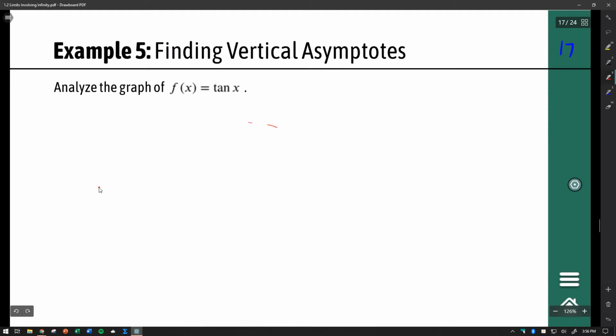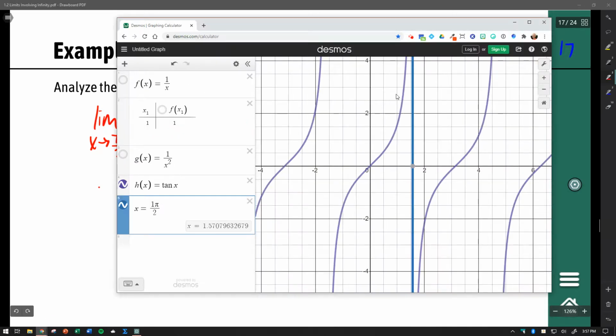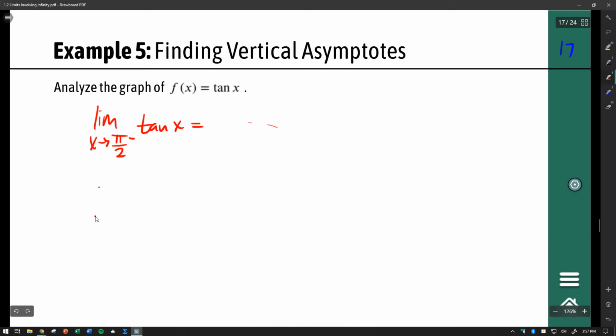So I would say that the limit as x approaches pi over 2 of the tangent of x from the left is, let's check that out one more time, infinity. And as we approach pi over 2 from the right, we are at negative infinity.